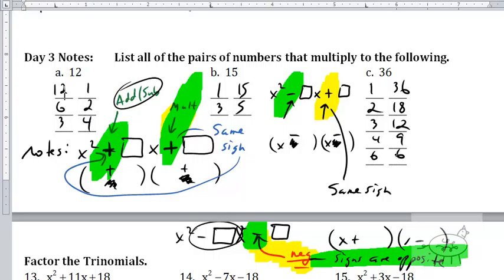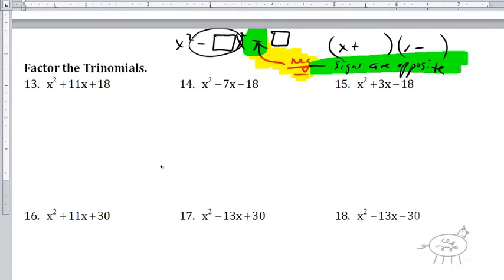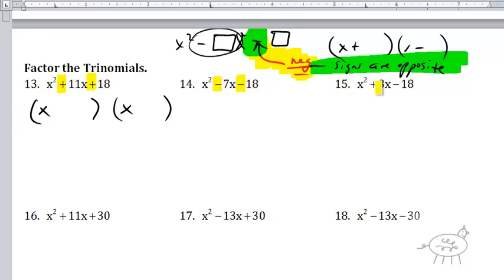So there's a lot of different possibilities for 36. All right, so how are we going to use this now? So basically what you're going to do is when you see a trinomial, you're going to draw two parentheses like this. And for now, you just need to put an x here and an x here. So really, math fans, what I want you to do is I want you to look at the signs. Okay, so I'm going to highlight these signs in the first few problems.